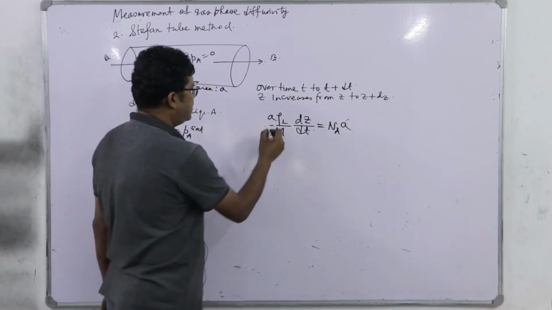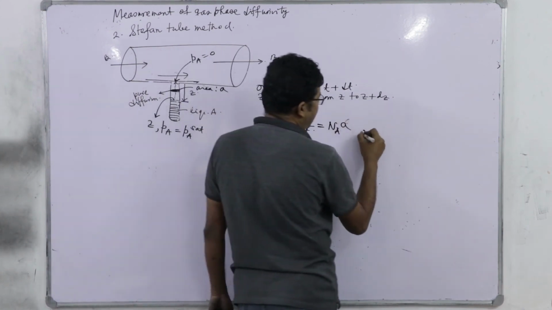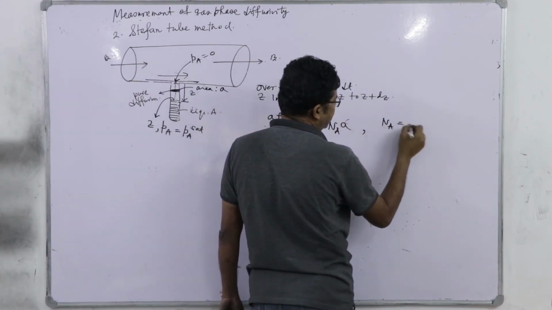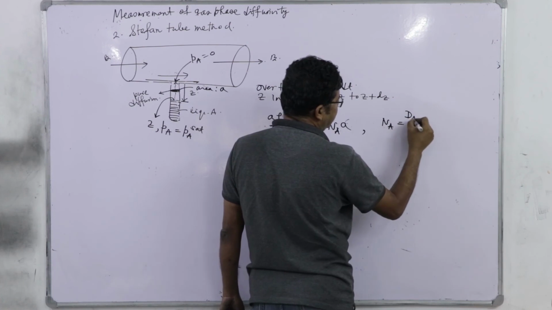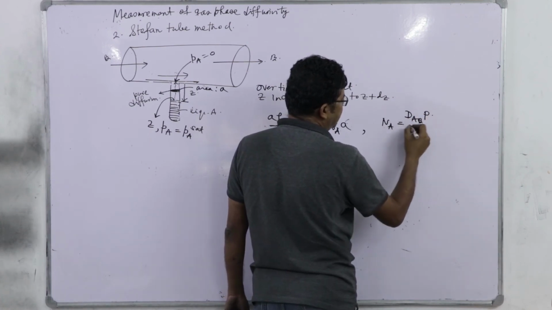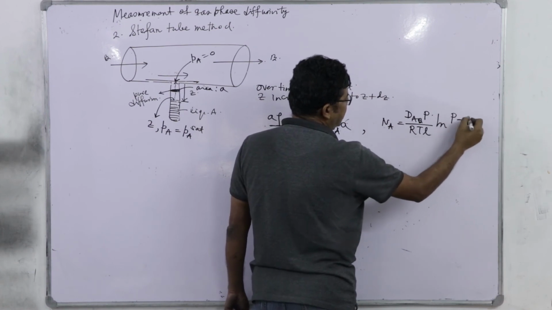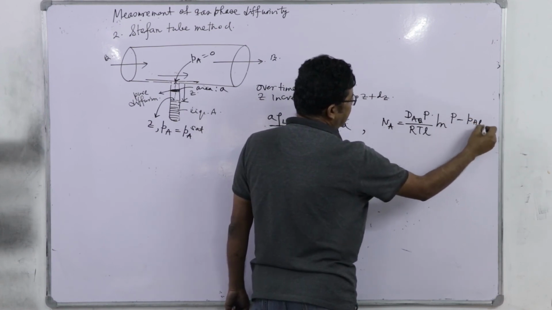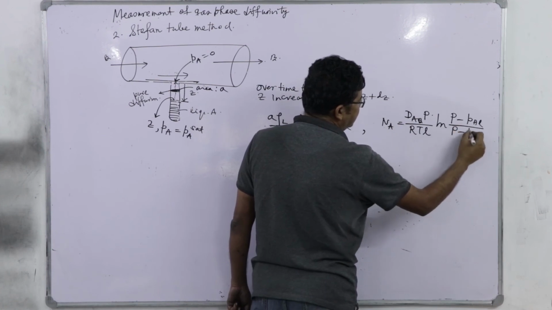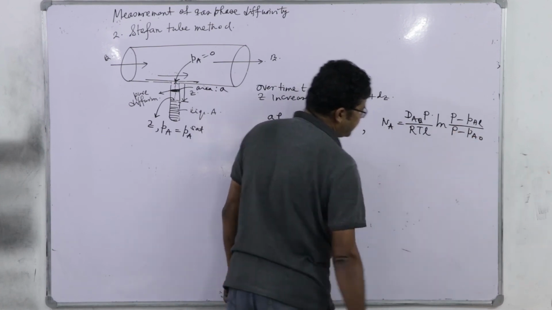Right. Now, NA how we can write? NA we can write as DAB into P by RTL into ln of (P minus PAL) divided by (P minus PA0).